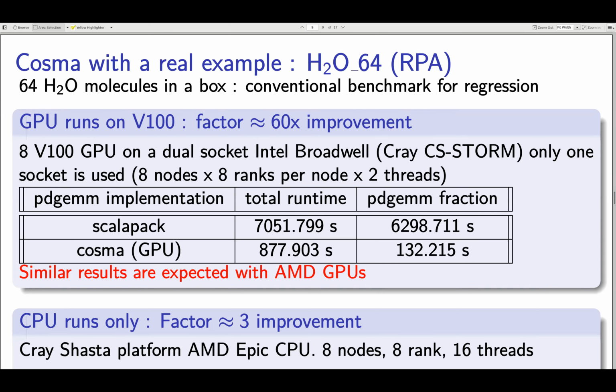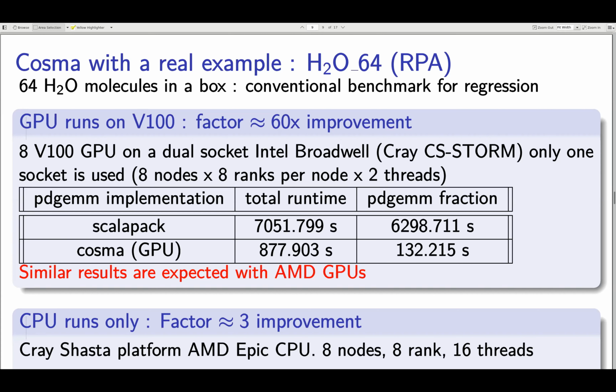For that, we use 64 H2O molecules in a box, which is a conventional regression benchmark that we use in CP2K. And we run those benchmarks on V100. So the nodes are dual socket Intel Broadwell with 8 V100 GPU. So I think it's a crazy beast of a system. But for those simulations, we only use one socket.